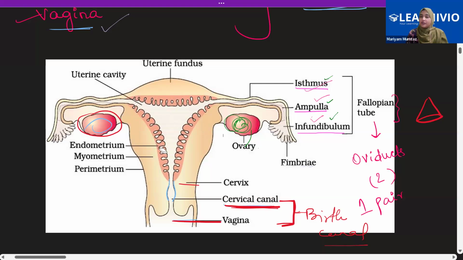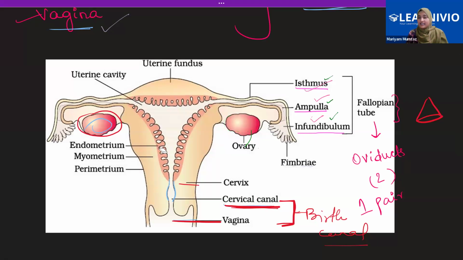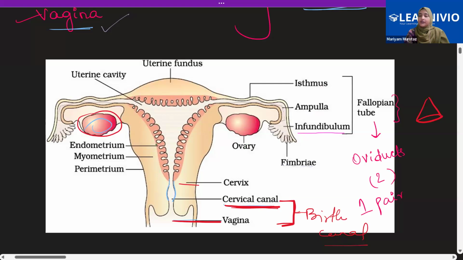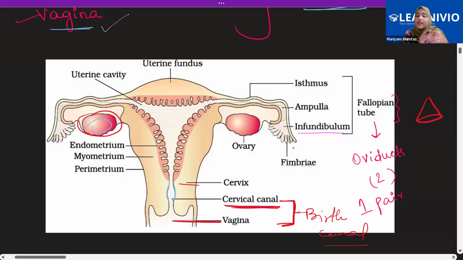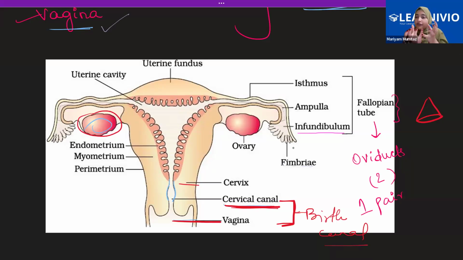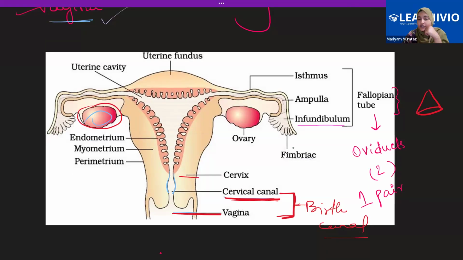Furthermore, you see in front of the infundibulum there are these finger-like projections. These are what we call fimbriae. As soon as the ovary releases the ovum, the fimbriae portion of the infundibulum catches the ovum to send it to the fallopian tube.